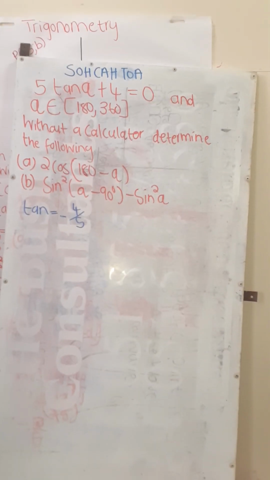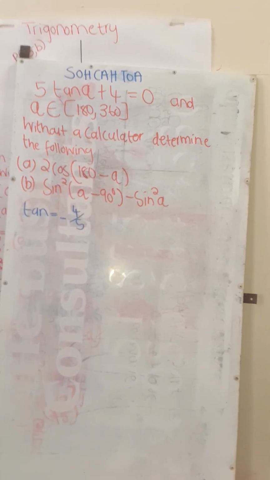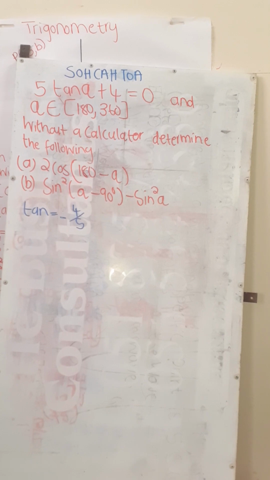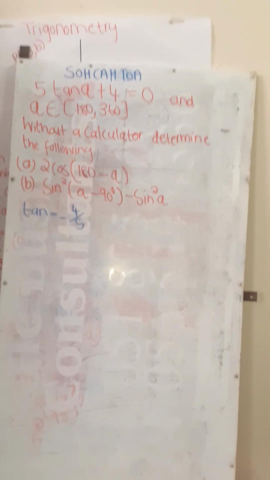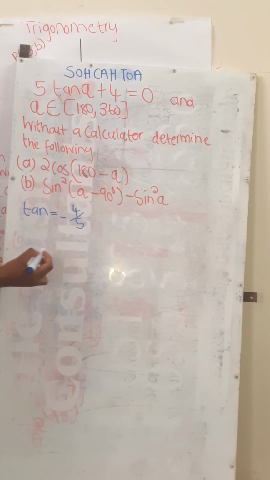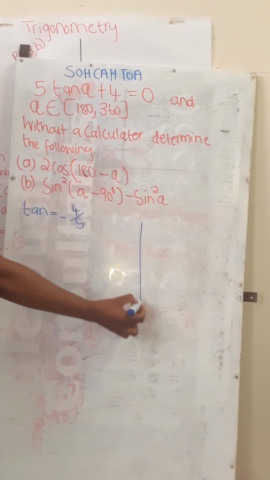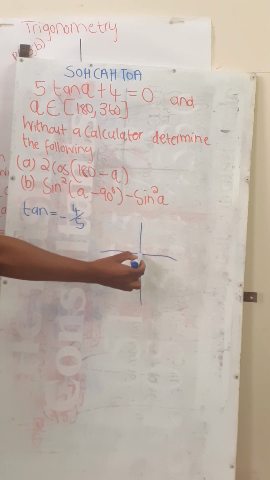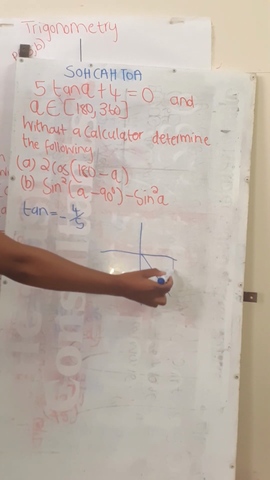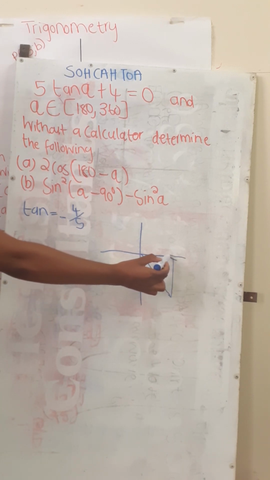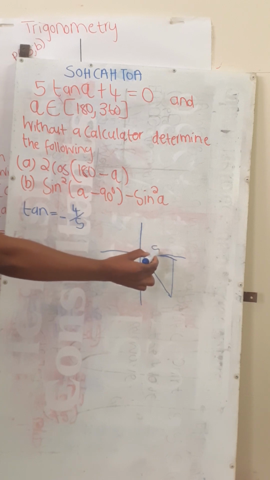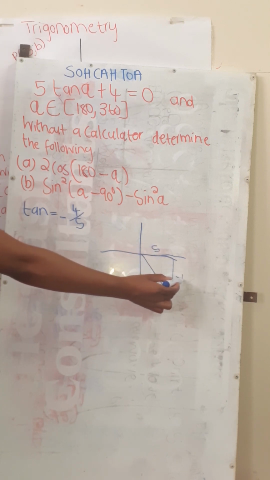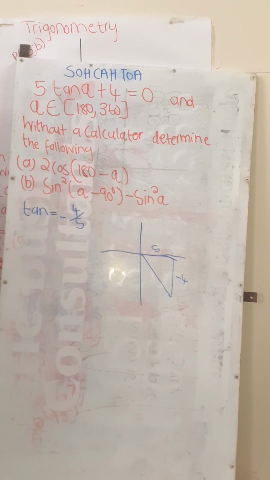So that's what we are going to simply do. We'll draw on the Cartesian plane. This will be our triangle, 5 here, and then we have -4 here.